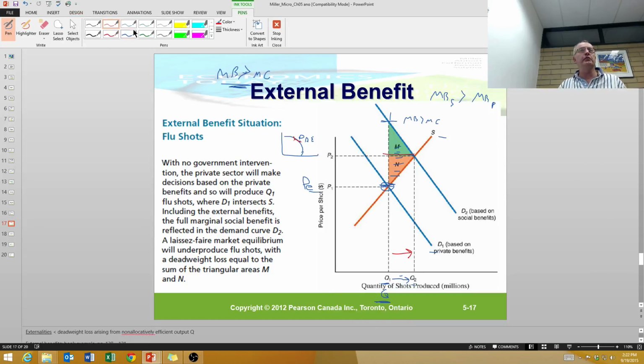So what are some examples of positive externalities? An interesting example is people that ride their bicycles to work. If people ride their bicycles to work, that means they're not driving their car.